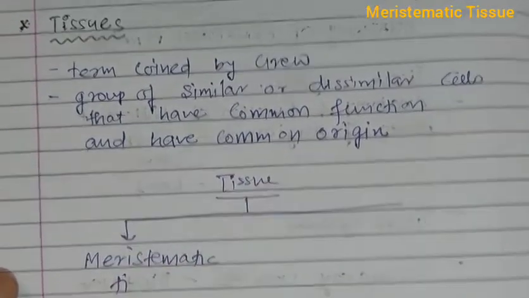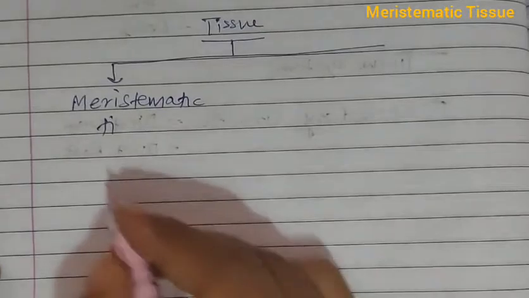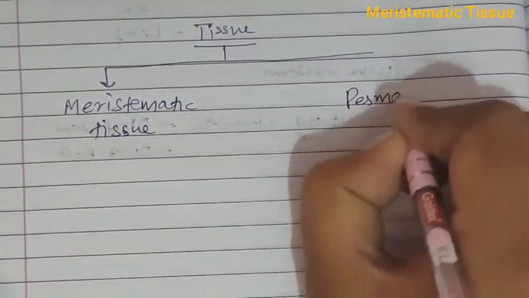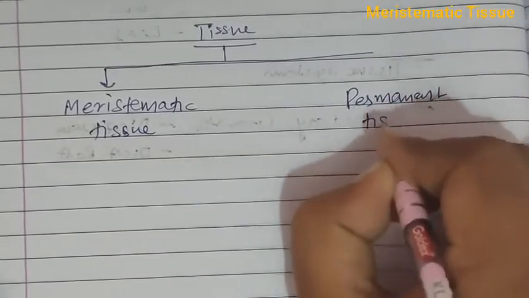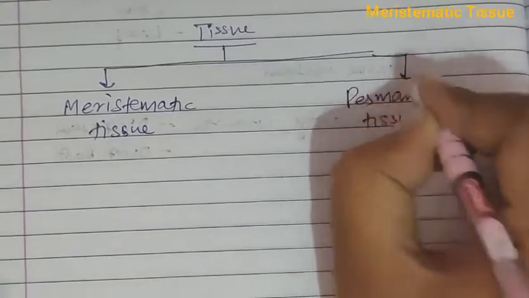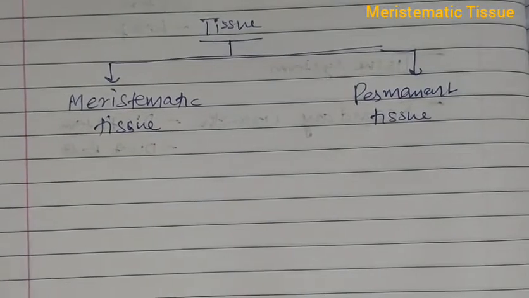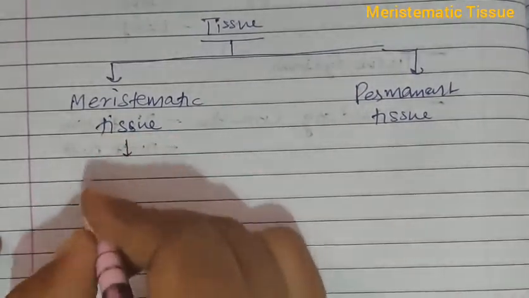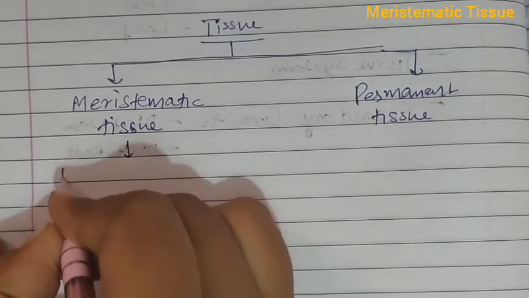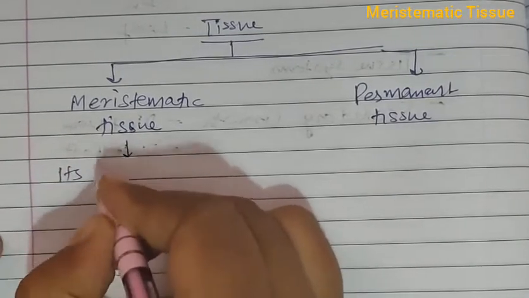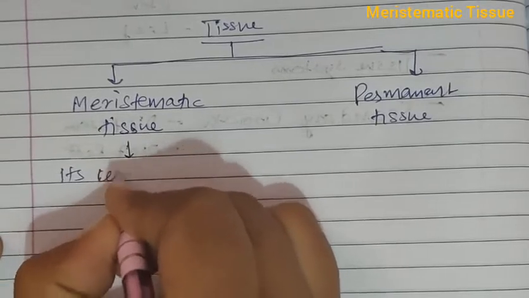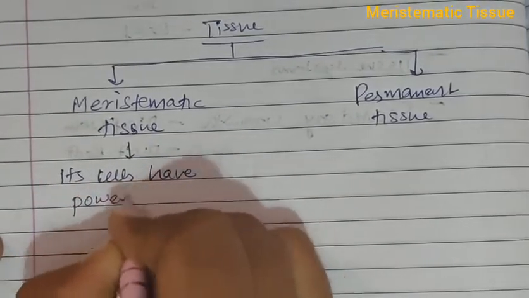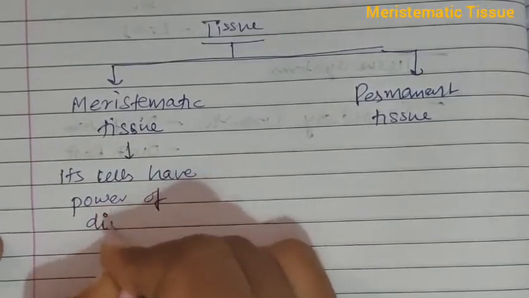Meristematic tissue are those tissues whose cells have the power of division, or are capable of division.